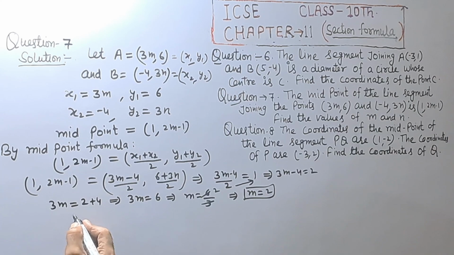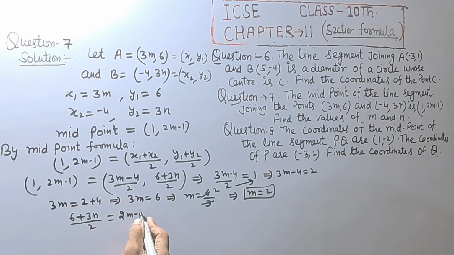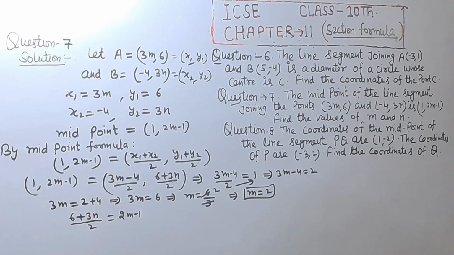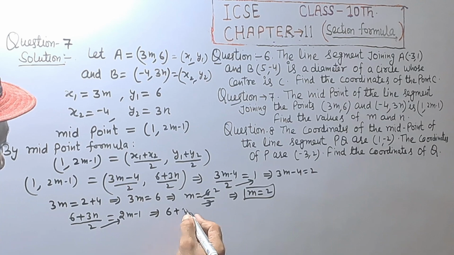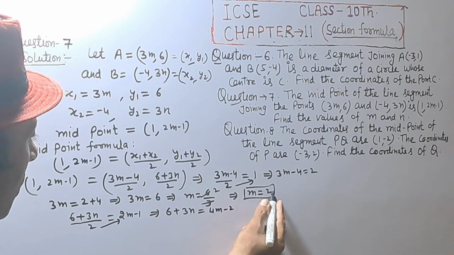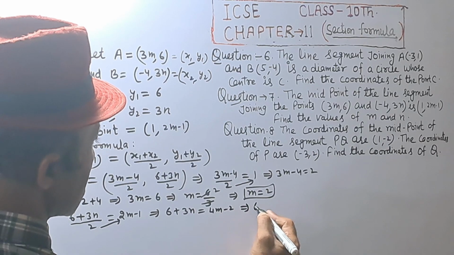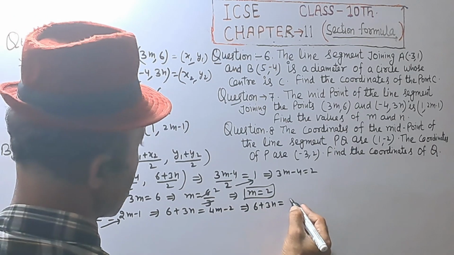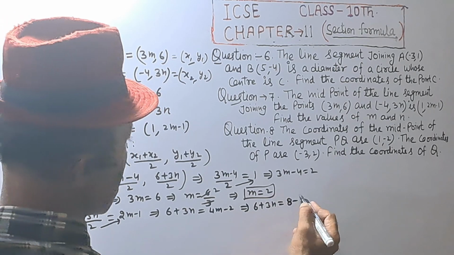And the second, (6 + 3n)/2 is equal to 2m - 1. The 2 is multiplying on the right side, so we get 6 + 3n is equal to 4m - 2. The value of m is equal to 2, which implies 6 + 3n is equal to 2 times 4 is 8, minus 2.